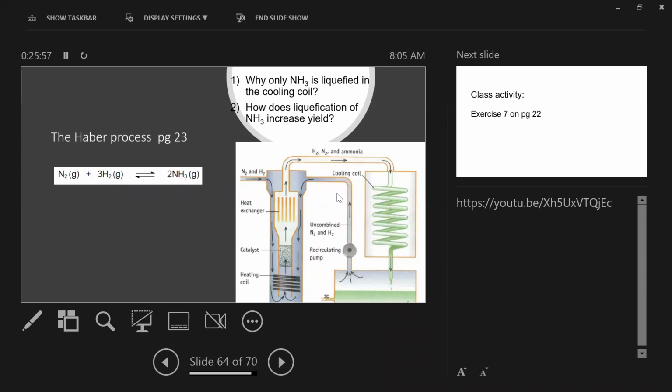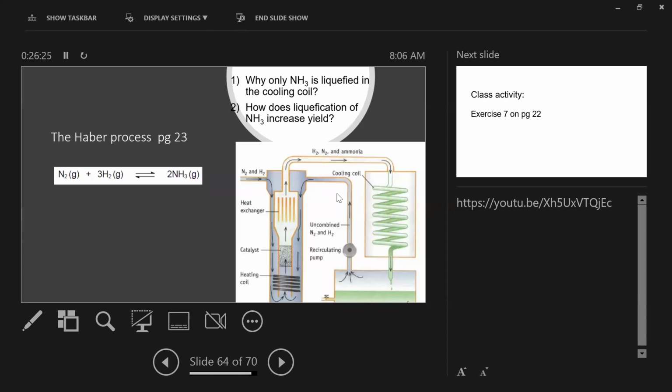What's the boiling point of ammonia, hydrogen and nitrogen? Boiling point of ammonia is negative 33 degrees Celsius.